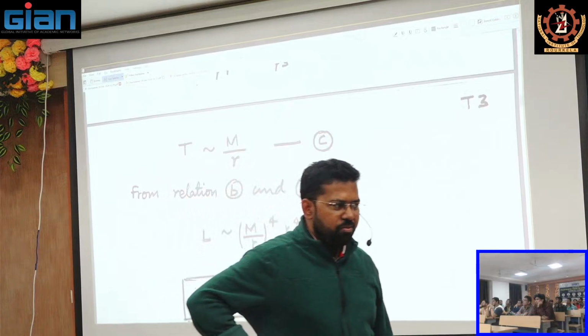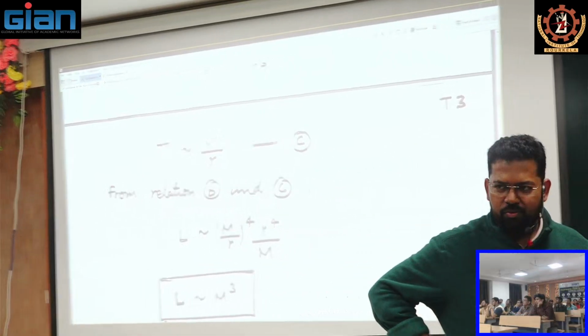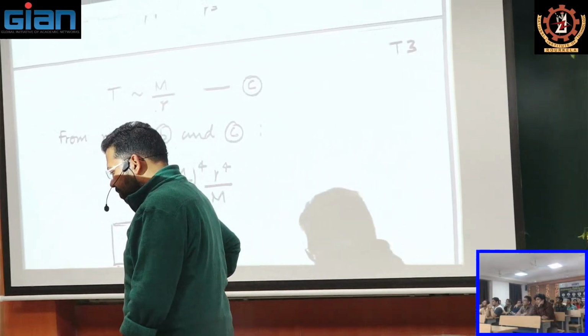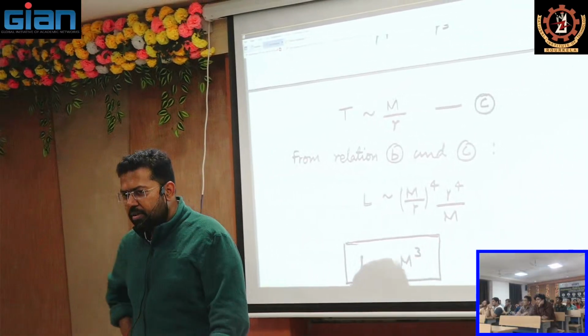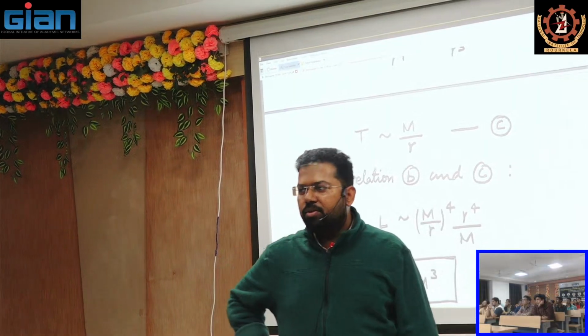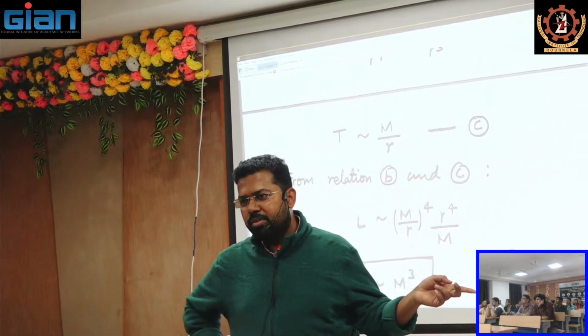Now mass is a very important parameter in stellar astrophysics. If you specify the mass of the star, let's say 7 solar mass, 8 solar mass, 10 solar mass, then for that configuration you have a luminosity.